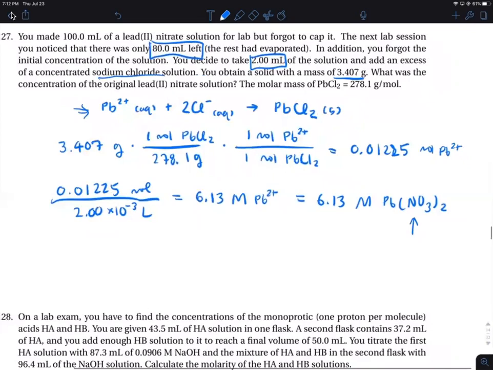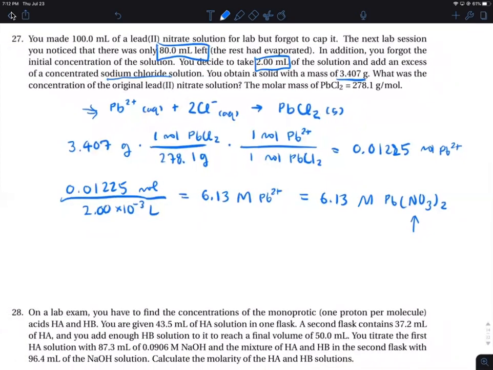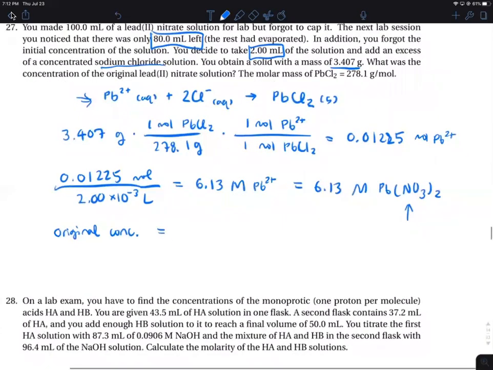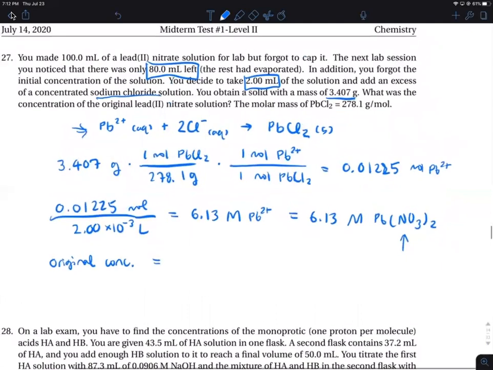So that means the original concentration is going to be, first we have to find the moles of Pb(NO3)2 within this solution, and then divide by the original volume, which was 0.1 liters. All right, so first we'll convert this to moles. So how do we do that?